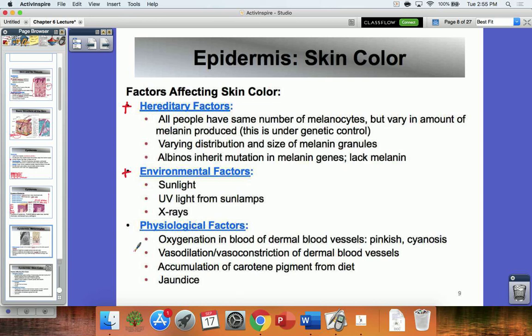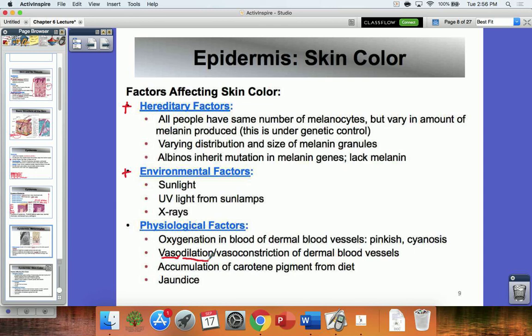You become red because of vasodilation. Vaso just means blood vessel. Dilation means that they're getting wider or opening up or bigger. And so because they are becoming bigger, more blood is able to get to that area. Those blood vessels are dilating and we turn red.